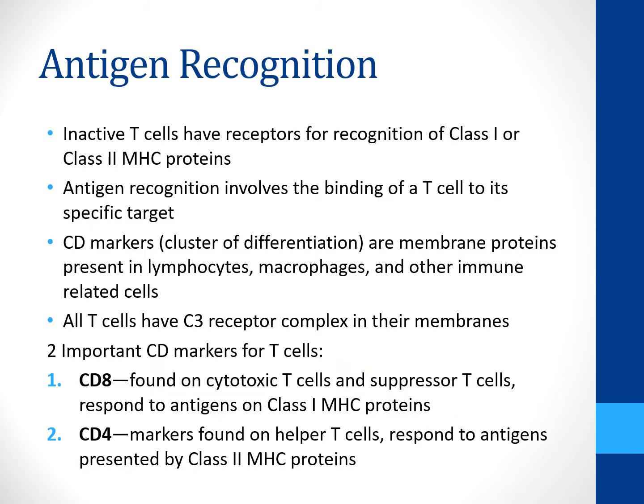In addition to those MHC proteins, there are also cluster of differentiation proteins, which are membrane proteins found in lymphocytes, macrophages, and other immune-related cells. Antigen recognition includes the binding of a T cell to its specific target, and that binding happens at these cluster of differentiation proteins.